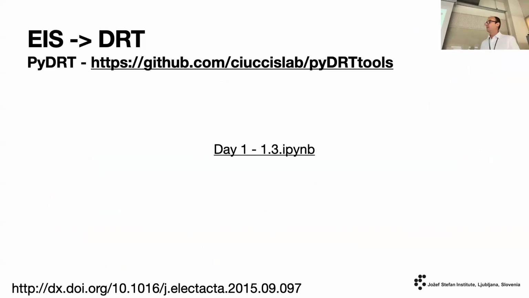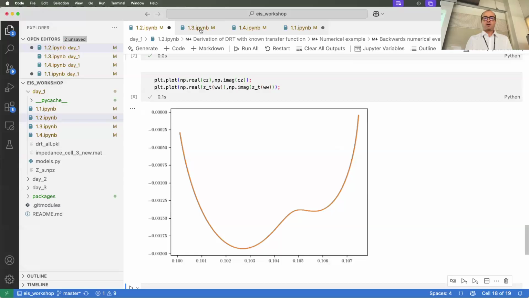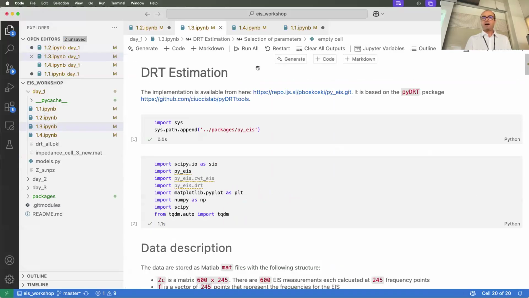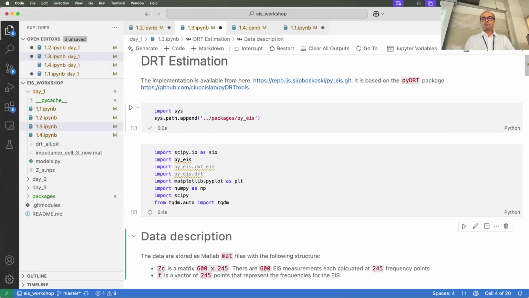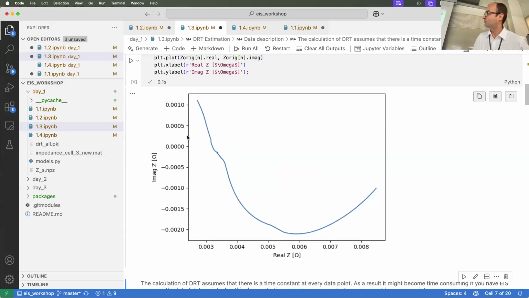So let's see how this value affects the results and how you should read the DRT results in papers. This is really, really, really tricky. So let's try this. Again, I'm going to go back to my ice curve that had this strange value here, and I'm not going to correct it.